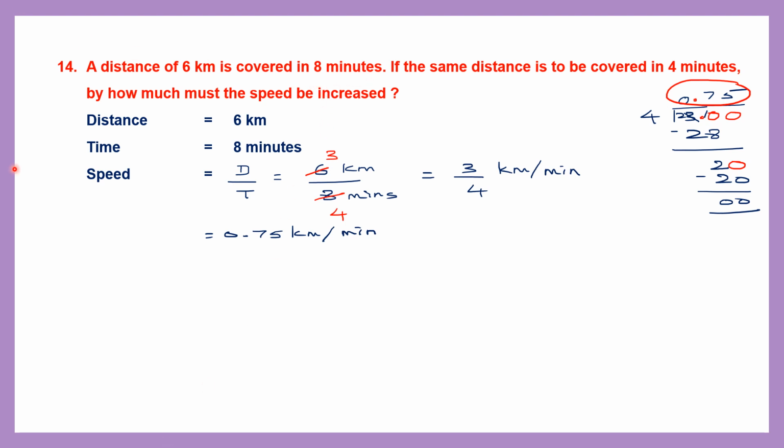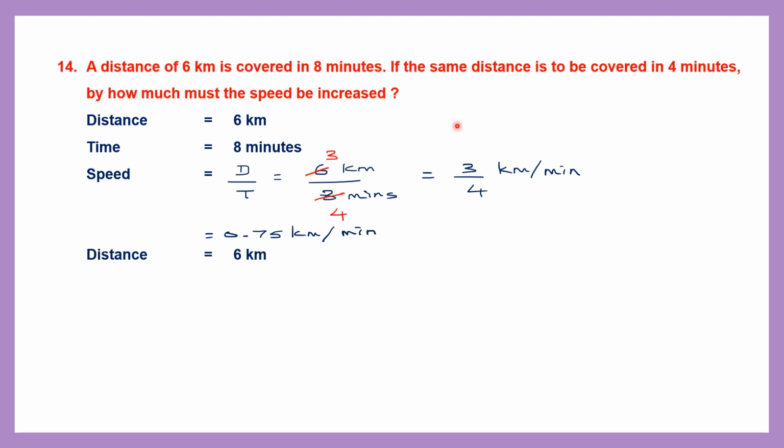Now the question is, if the same distance is to be covered in 4 minutes. So again, we're going to find the speed for the same distance covered in 4 minutes. So let's do that. Distance is already given to us, 6 kilometers. Time, this time is 4 minutes. And we're going to find the speed using the formula distance by time.